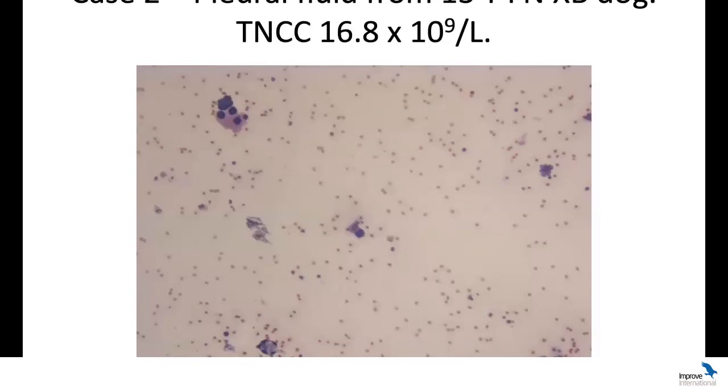But with case number 2, we had a cell count. So we knew immediately from this high cell count that we had an exudate. So we had a fluid with a high cell count, an exudative process. And again, with this fluid, the cells were unevenly distributed. Because of this, when we looked at the body of the smear, we could not find that many cells.